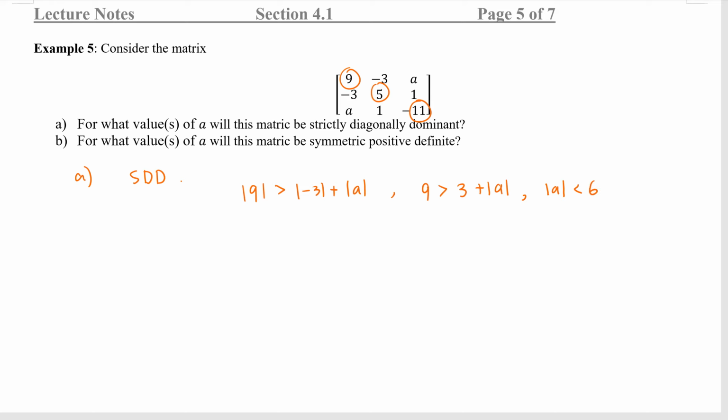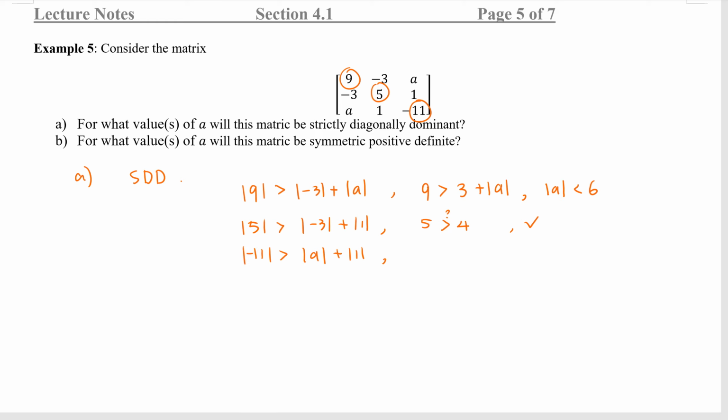Next, we need the absolute value of 5 to be greater than the absolute value of minus 3 plus the absolute value of 1. This is the same as saying, is 5 greater than 4? Yes. And next, we need 11 greater than the absolute value of A plus the absolute value of 1. Sorry, this entry should be minus 11.